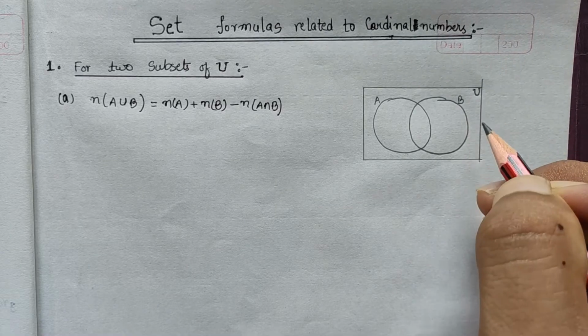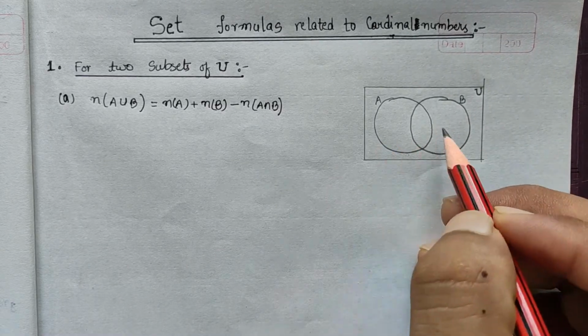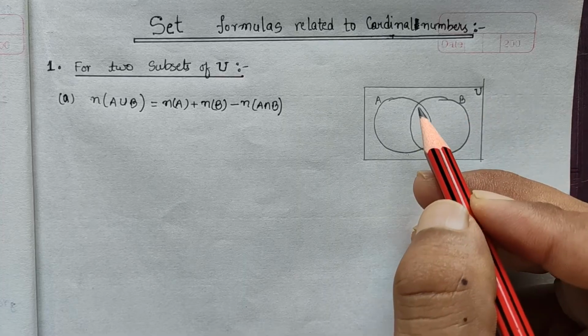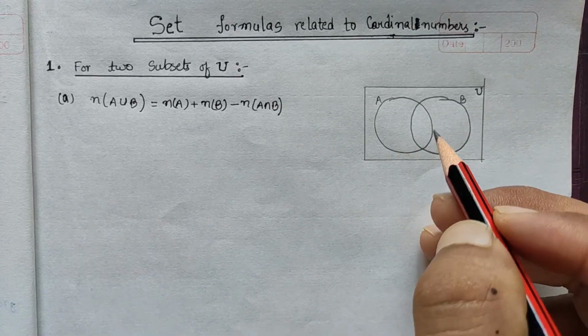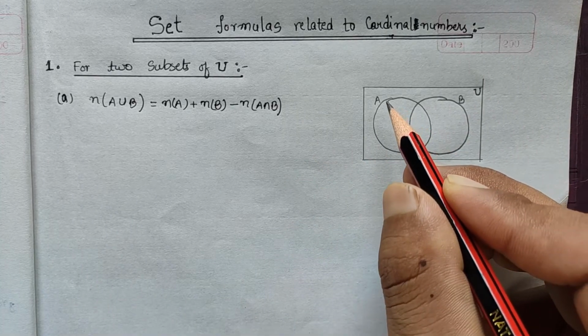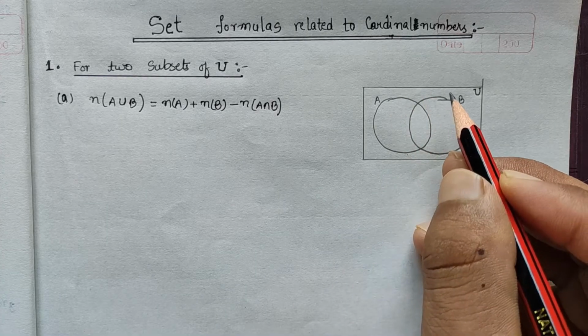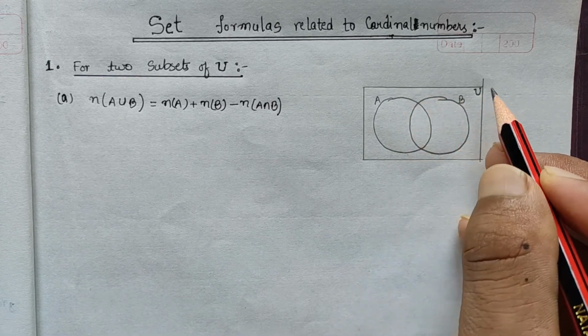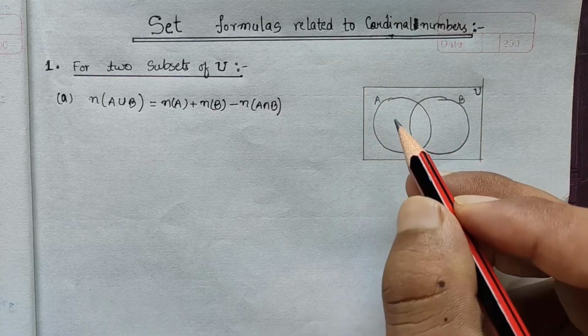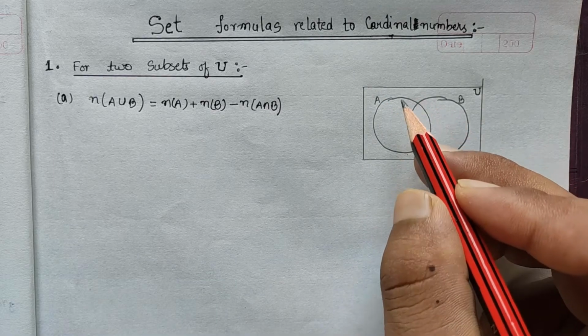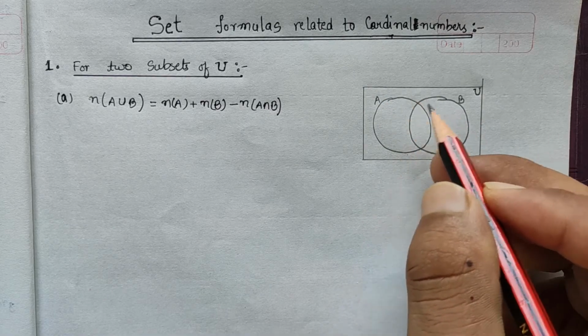This U represents universal set, and A and B are the subsets of U. And while we are drawing this figure, please don't make contact with A and B of this line. Okay, this line encloses A and B, and please don't touch this line with subsets A and B.